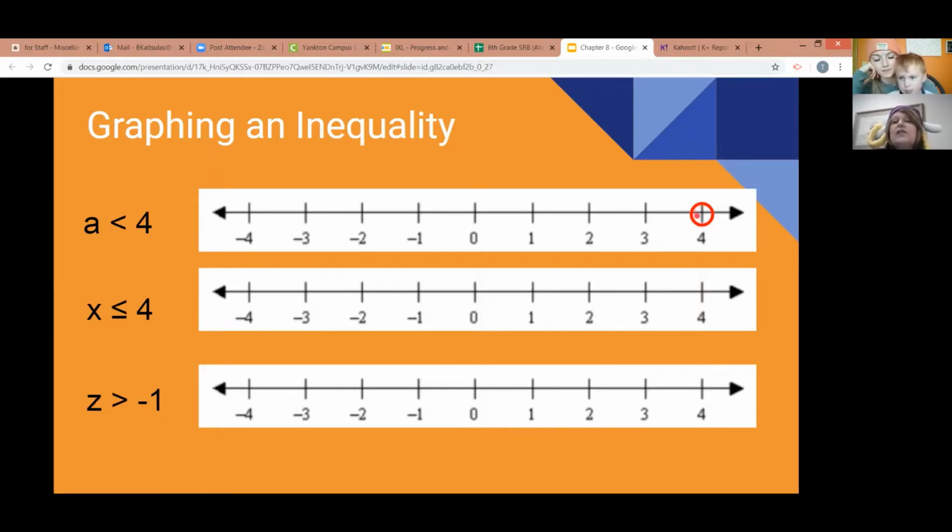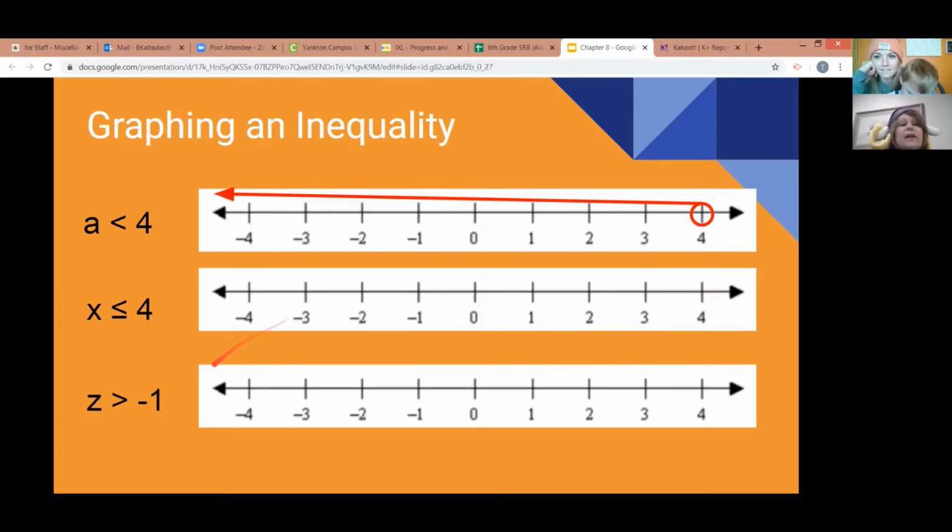It has space on the inside. So we're going to put the open circle on 4. All right. Now, all the numbers that are less than 4 need to be shown on this graph. So this is how I do it. I'm saying that from this circle all the way back, all these numbers forever and ever, because I have an arrow here, all these numbers are less than 4.